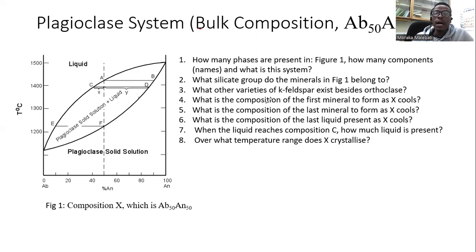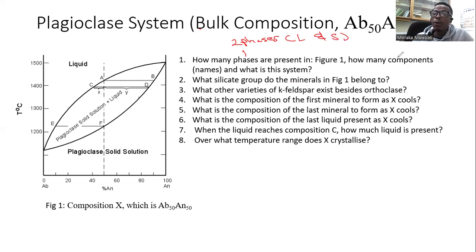Remember I said you should know the phases, the components, and how many components, with their names, and what the system is. We have got two phases, that is to say liquid and solid, or the melt and the crystals.